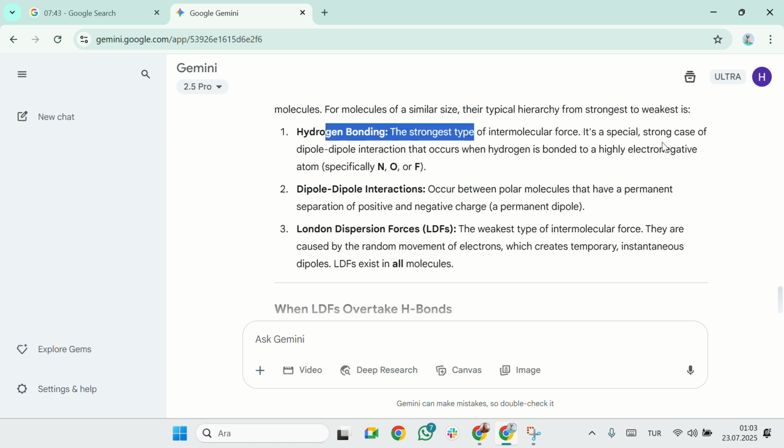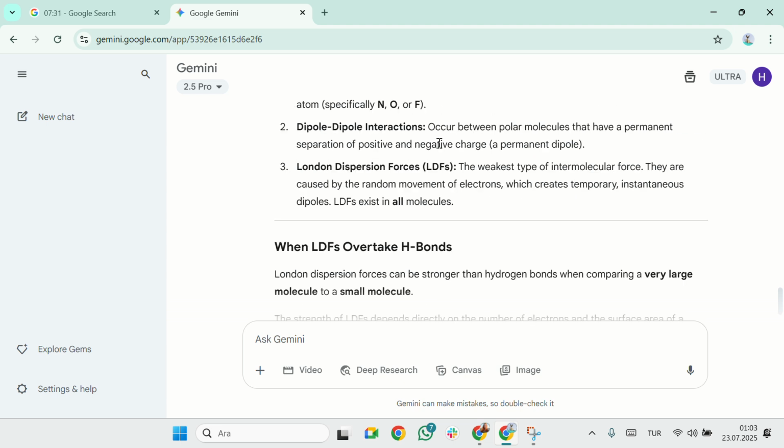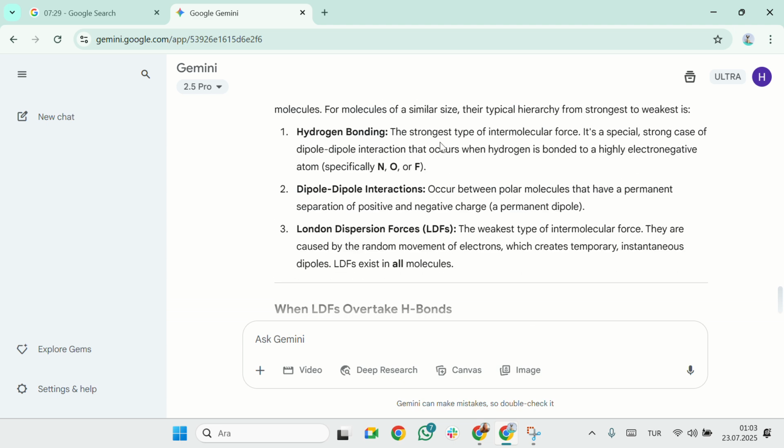Hydrogen bonding is the strongest type, specifically involving N, O, and F, because hydrogen bonded to these acts like a partially positive center.